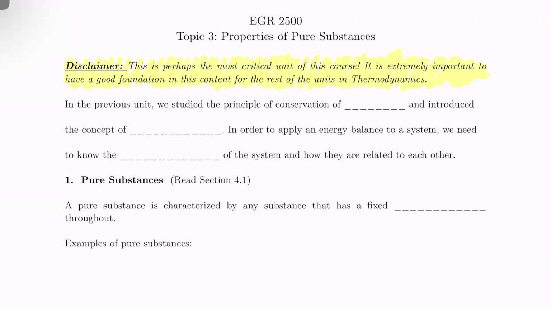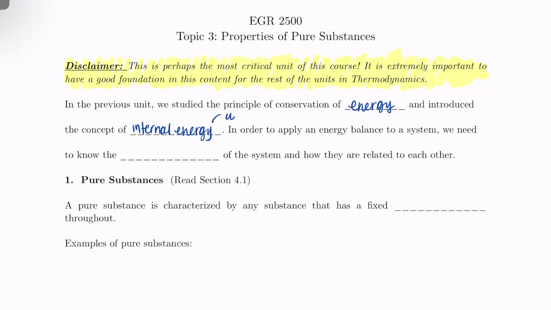Okay. So in the previous unit, in topic 2, hopefully you remember that we studied the principle of conservation of energy. And we also introduced the concept of internal energy, which we give the symbol lowercase u.